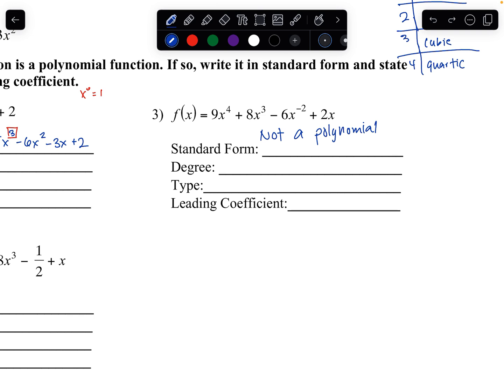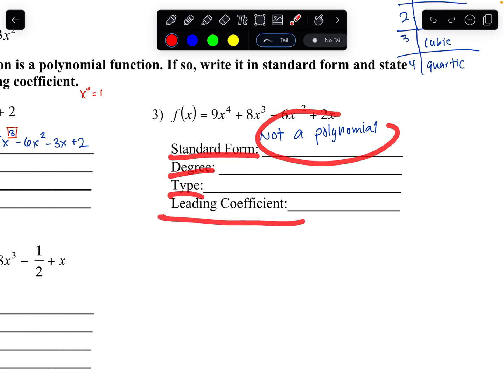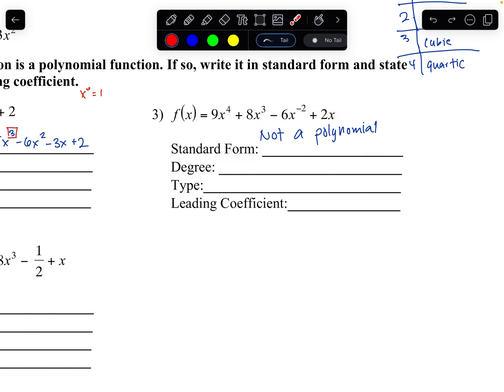We like to have this information for polynomial functions. It tells us a lot about the polynomial. But if it's not a polynomial, then none of this information is relevant. If it's not a polynomial, then it has no degree. If it's not a polynomial, then we can't specify the type of polynomial.